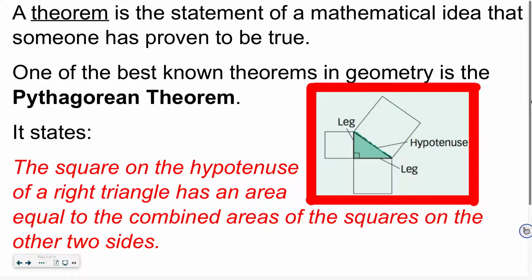So write down that statement. Just the red. But also sketch that triangle. It doesn't need to be perfect. But I'd like for you to label the triangle.